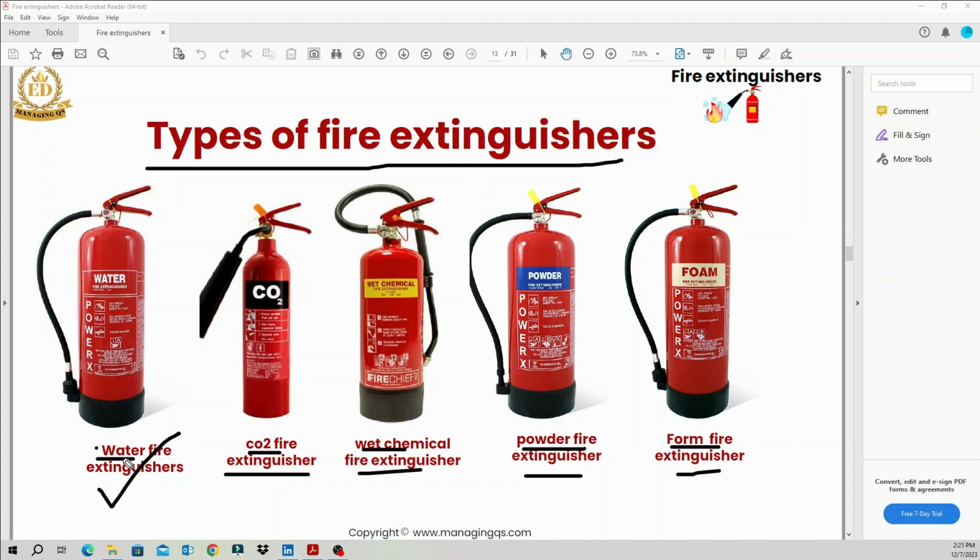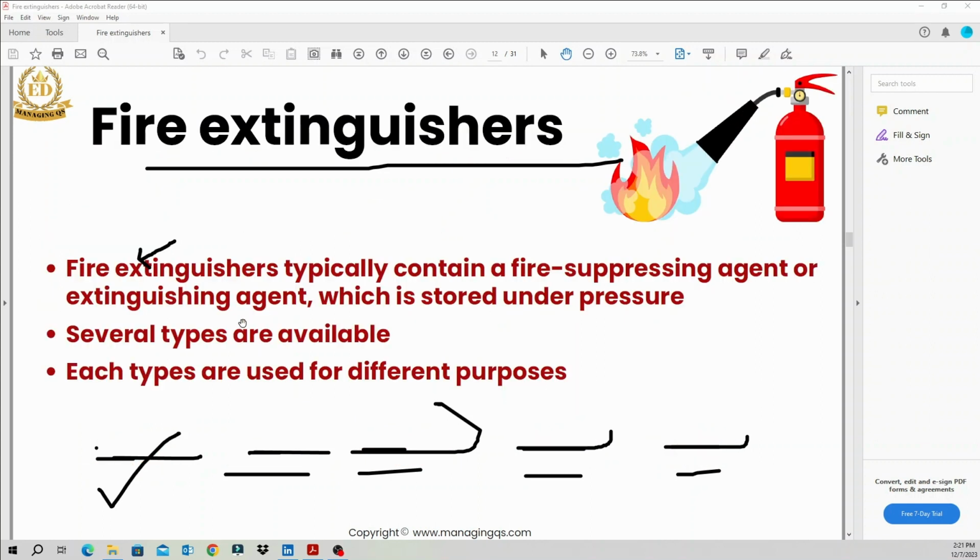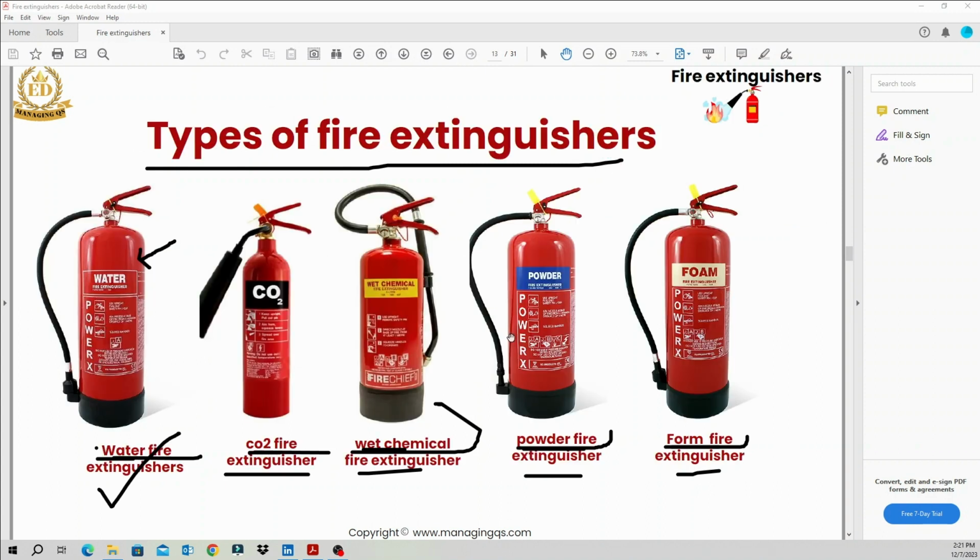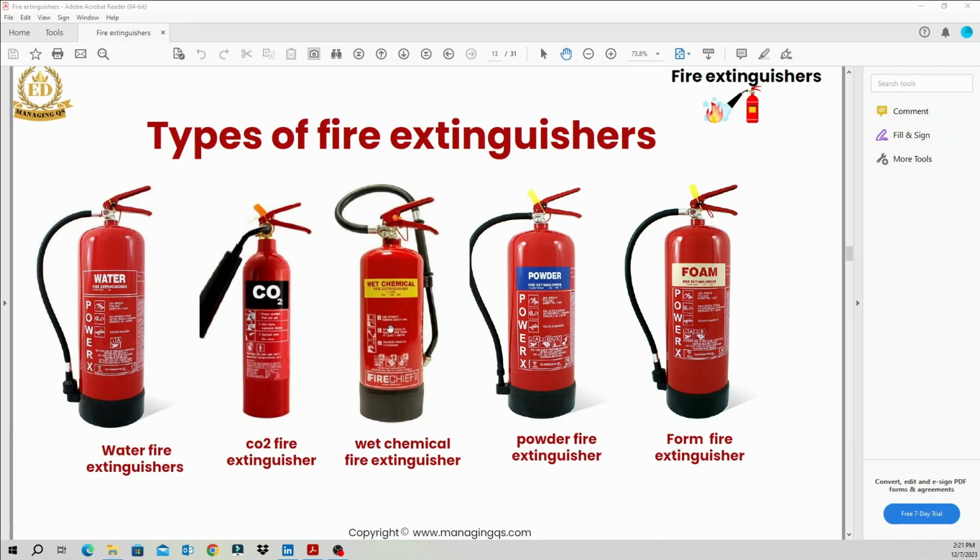So you can see water, CO2, wet chemical, powder, foam. These 5 types of fire suppression agent are available for different fire extinguishers.